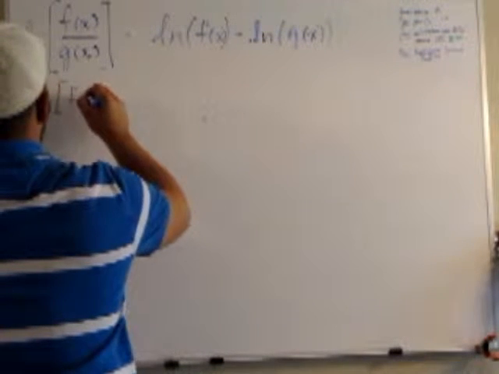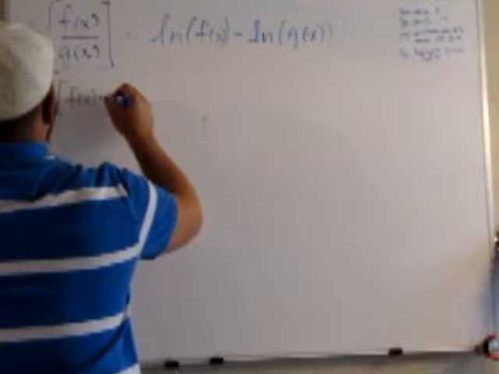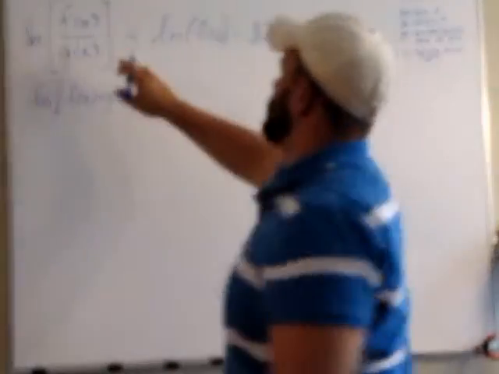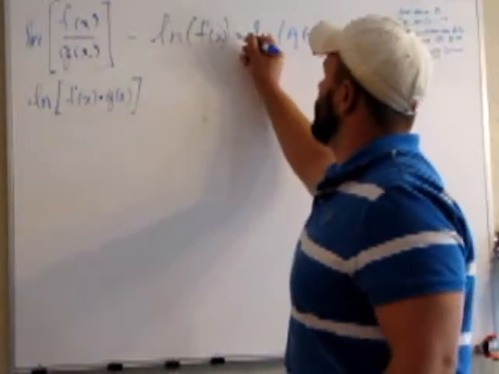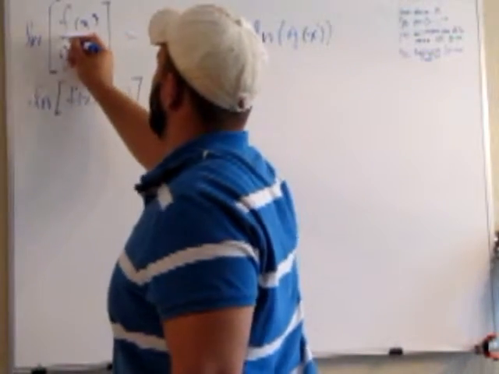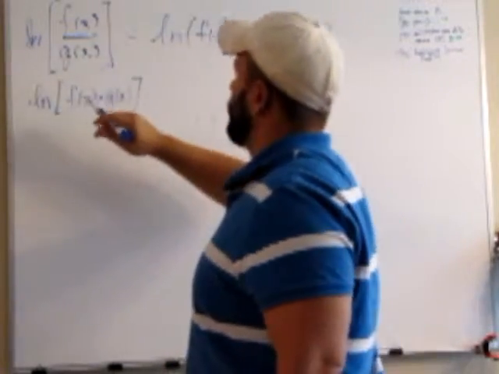And then for the multiplication, it's plus. So subtraction and division go together, and multiplication and addition go together. I always remember this bar is like a minus sign, so it goes with it. And remember to bring the ln over to both of them.